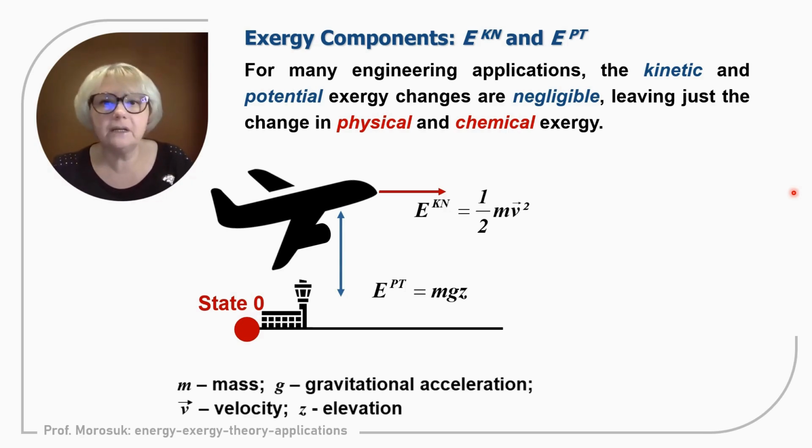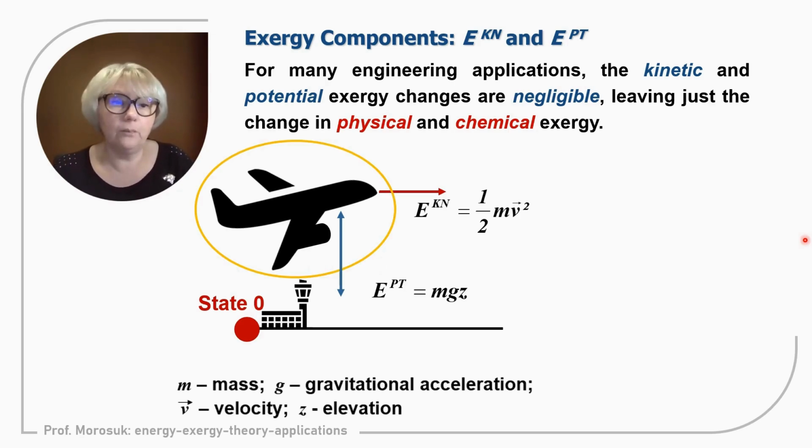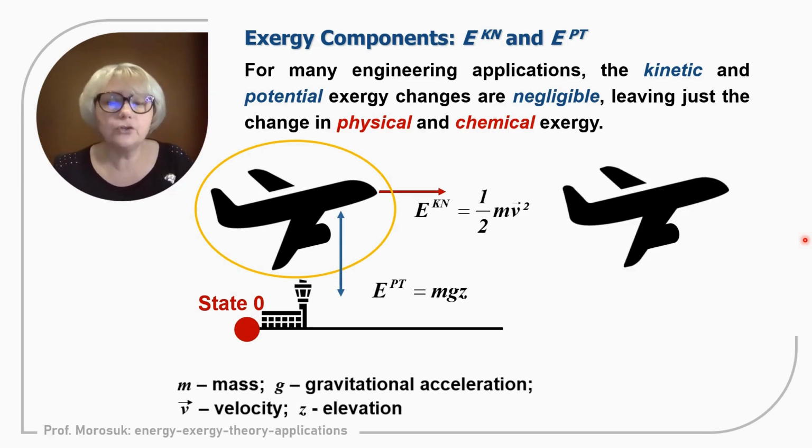How to understand the moment that we will neglect the effect? Again, this is our airplane, and we would like to evaluate the airplane. Then definitely the airplane will be the system. We will introduce a boundary condition for the entire airplane, and we will calculate kinetic and potential exergy. Let us assume that for the next task, I don't want to evaluate the entire airplane.